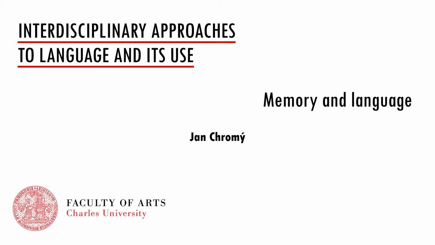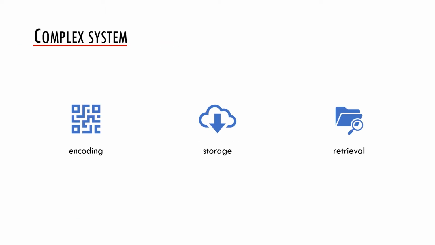In this presentation we will focus on human memory and how it is related with language. Memory is typically understood as a complex system with just three mutually connected capacities. A capacity to encode, in other words to enter information into the system, a capacity to store information, and a capacity to retrieve it.